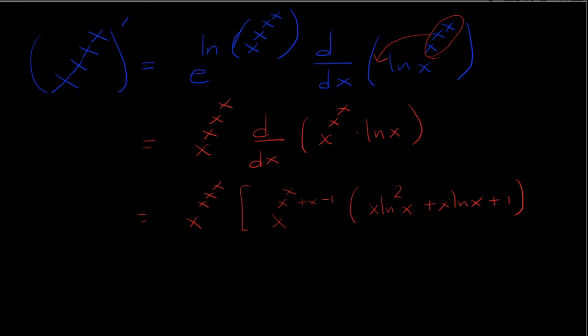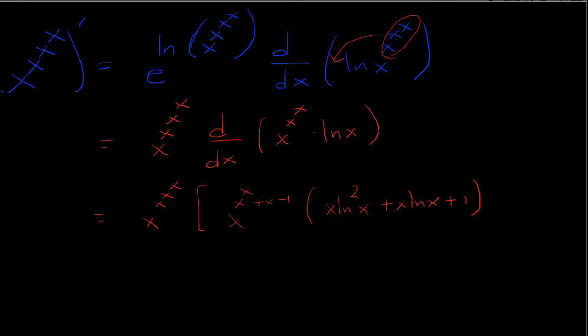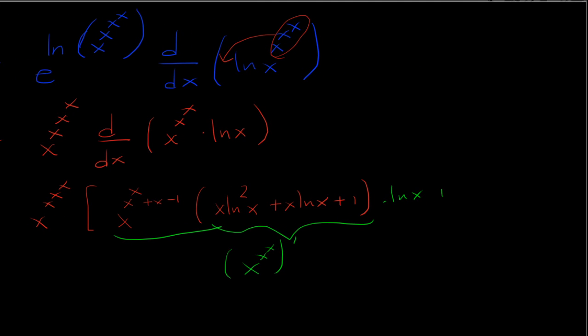Okay, this whole thing is just a derivative of x to the x to the x. So let me just make a note of that. Times, oh wait, sorry, this whole thing, times ln of x plus the derivative of ln of x is 1 over x times x to the x to the x.